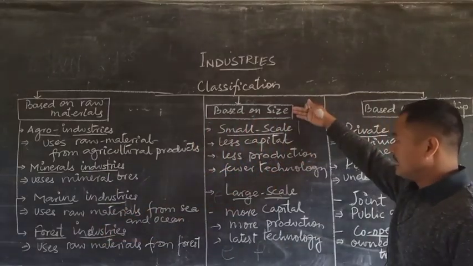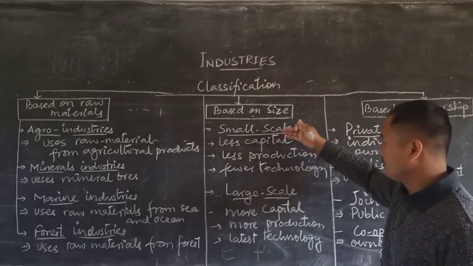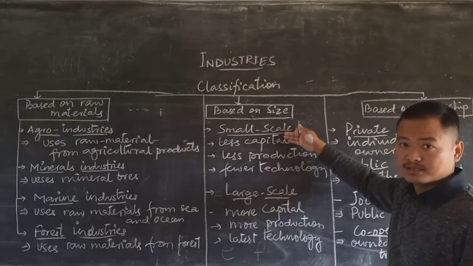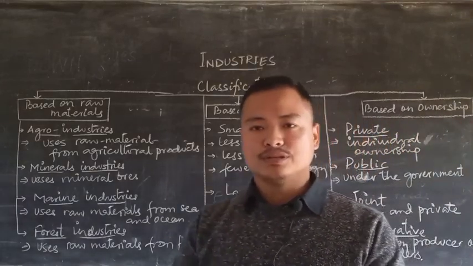On the basis of size, it's small scale industry and large scale industry. You also have cottage industry under small scale industry, and the last one is based on ownership. Under this category, we find private industries, public industries, joint industries and cooperative societies. So this is for the class today.